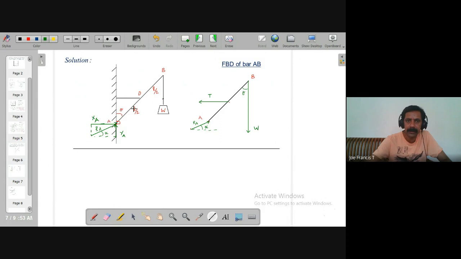So if you consider this tension T and extend this line, it will meet the line of action of W here.